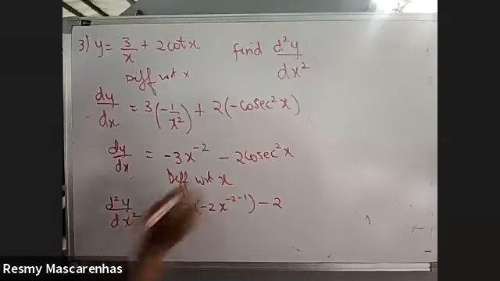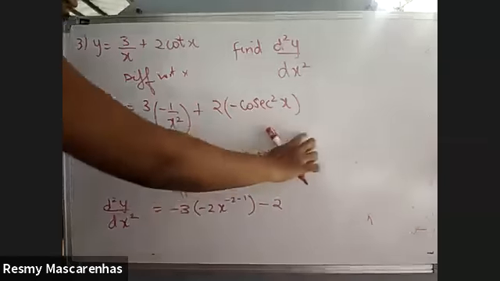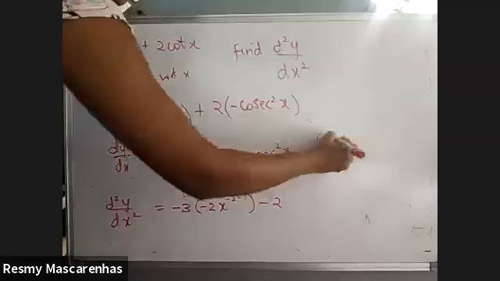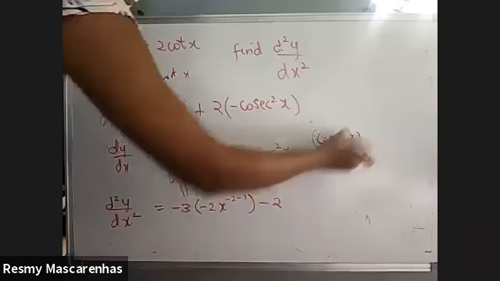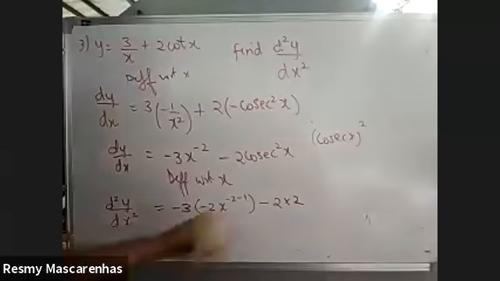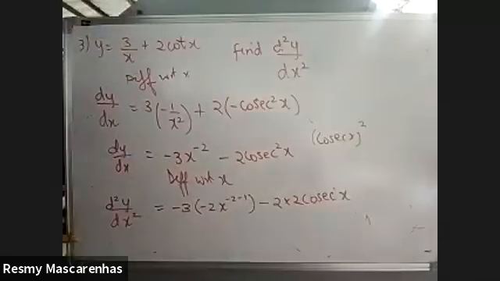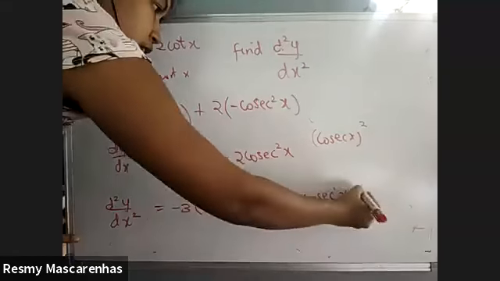Now this is cosec square x. Cosec square x is nothing but cosec x the whole square. So derivative of x square would have been 2 cosec raised to 1 x. Even if you don't write 1, it is okay.